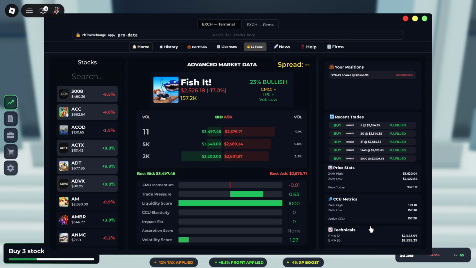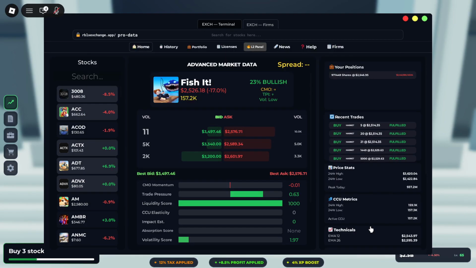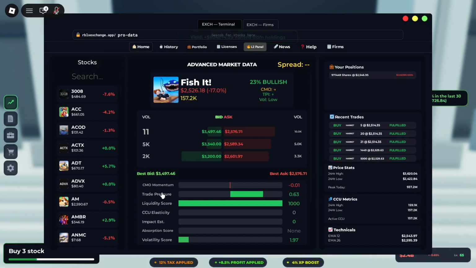As I said before, the developers have allowed us the opportunity to learn through their website, which is robloxexchange.com, no spaces, and it's just robloxexchange.com. And on there, you're able to have access to the different explanations of what each of these things are.